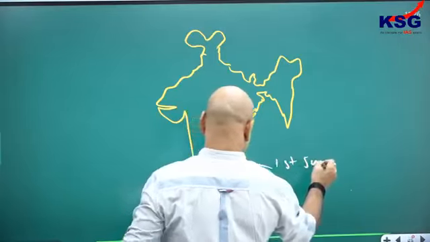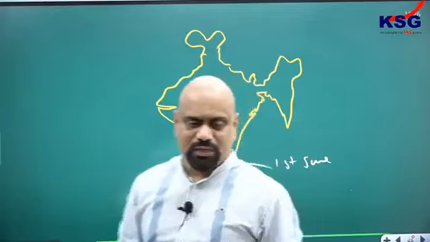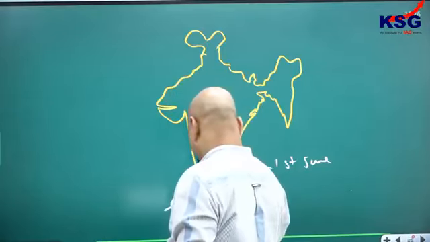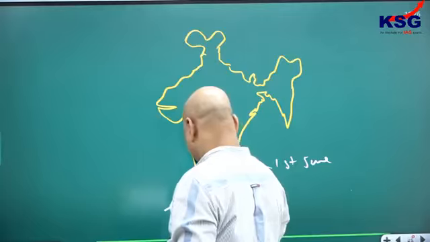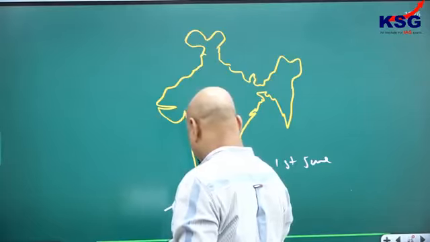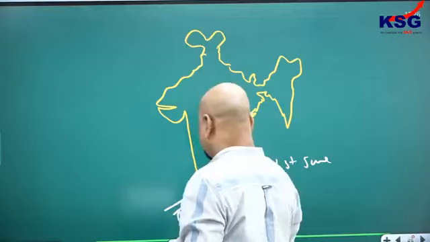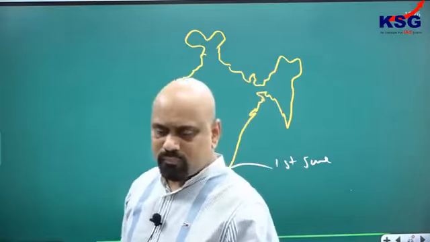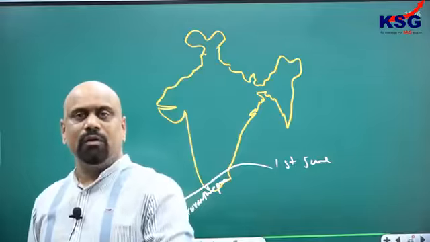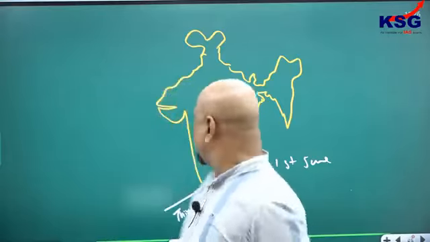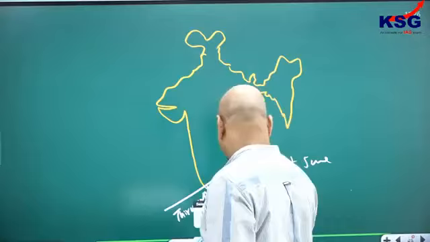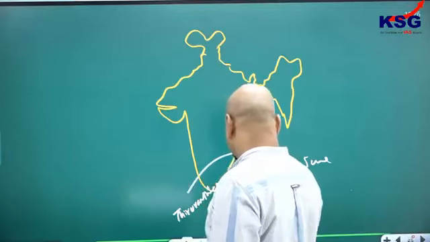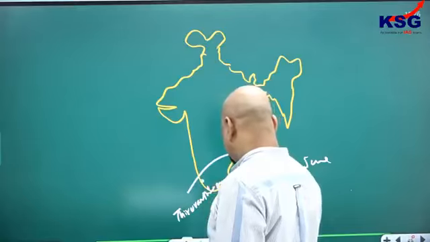First, June. Here is Trivandrum. Thiruvananthapuram or Trivandrum. Okay. And here is Trivandrum.